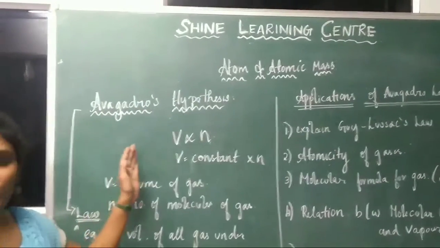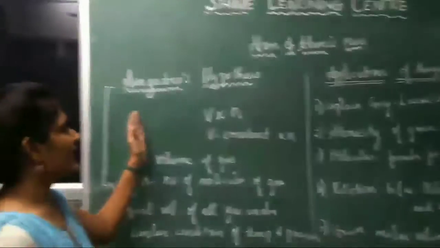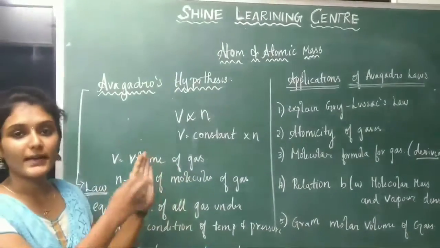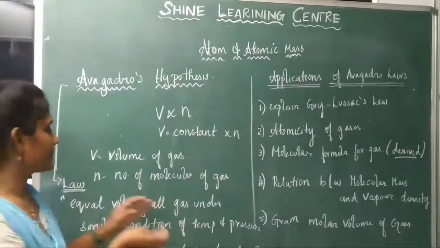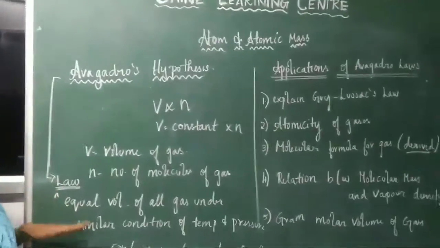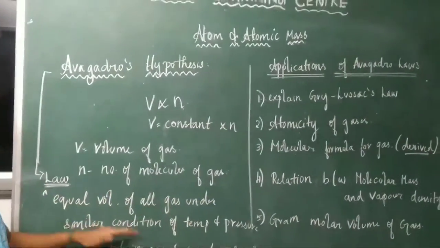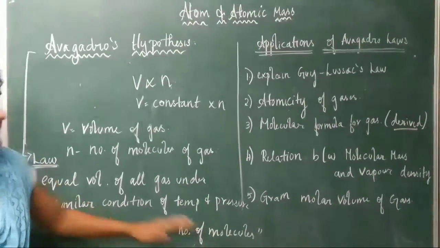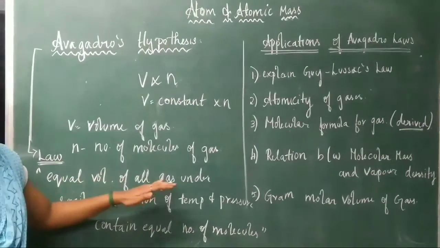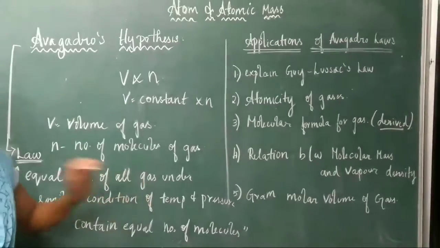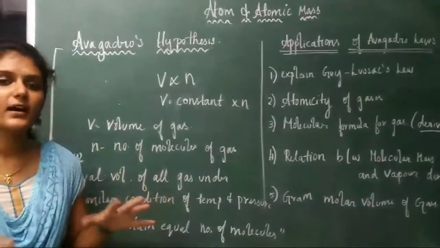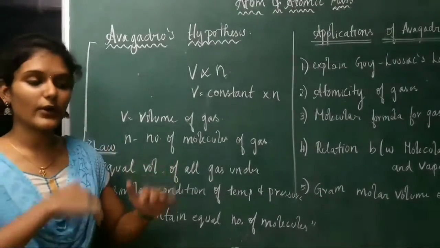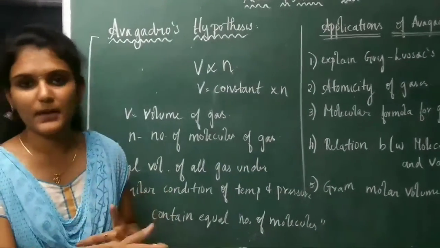Next we are going to see about Avogadro's hypothesis. Avogadro derived the relation between what? The volume of a gas and the number of gas molecules present in it. Avogadro's law states that equal volumes of all gases under similar conditions of temperature and pressure contain an equal number of molecules. Just imagine we take different gases and give them equal volume, and also similar temperature and similar pressure.